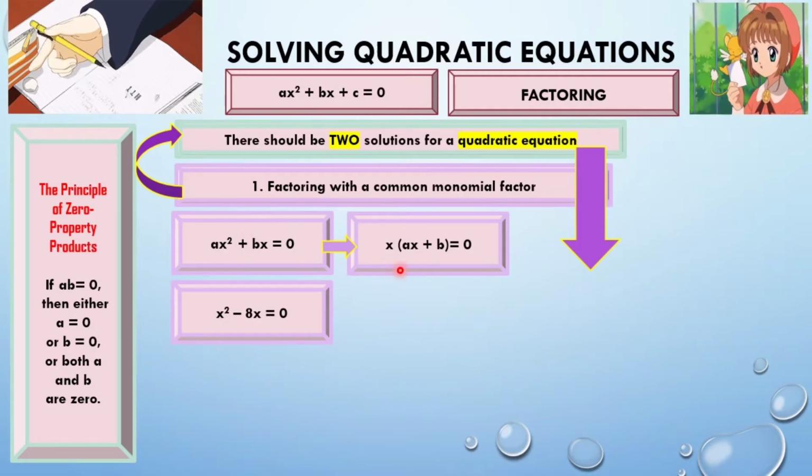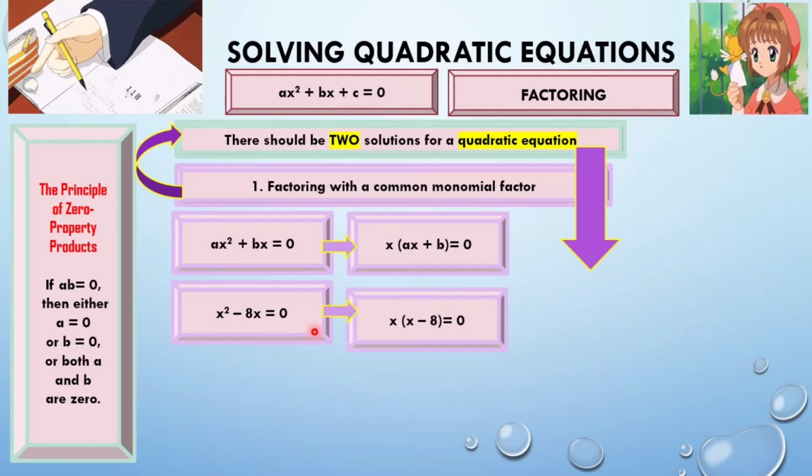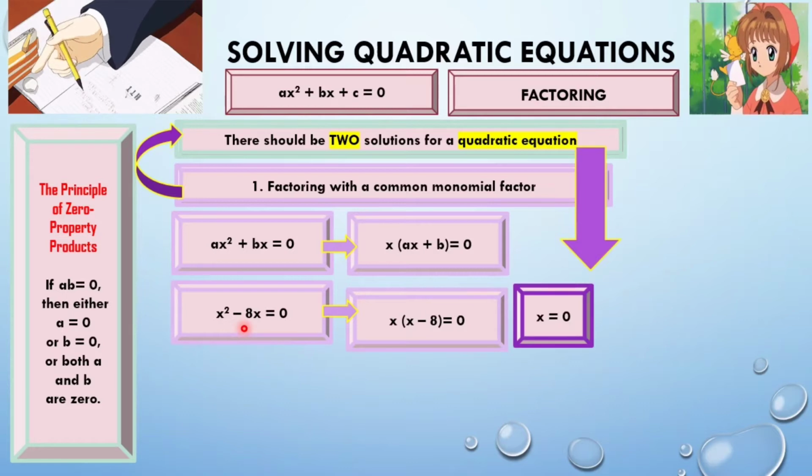So let us just follow the pattern that I have given you. So what will be the factors? The common factor is x. x squared divided by x is x. So you copy the sign, and 8x divided by x is 8.